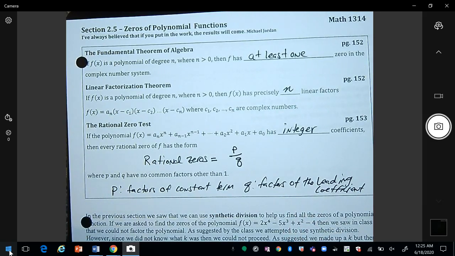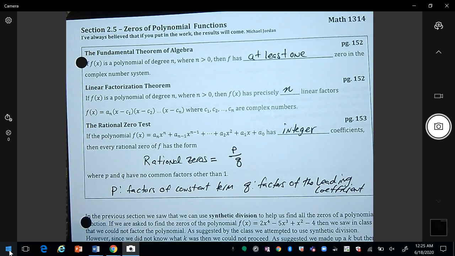With this rational zero test, what's going to happen is it's going to help us to have a smaller list of numbers to check for possible zeros.